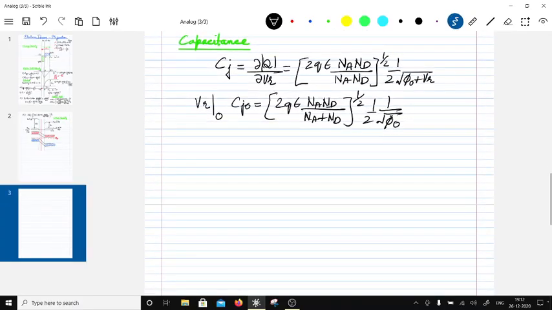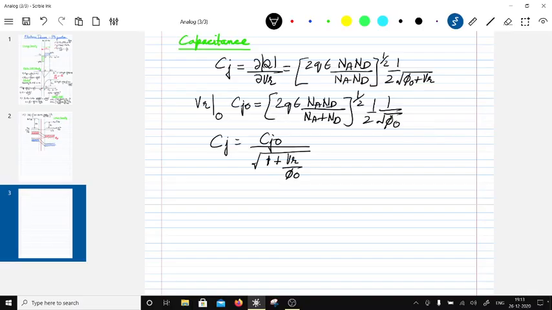Now if I substitute this in the first expression, you will have Cj equal to Cj0 divided by square root of 1 plus VR by psi0, because Cj0 has a psi0, so we divide by square root psi0, that's fine, correct.